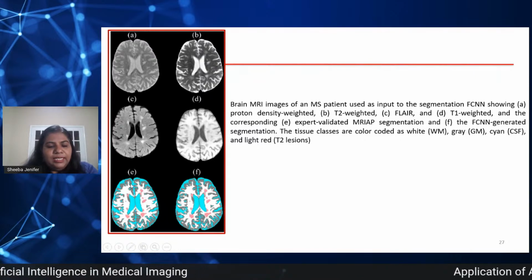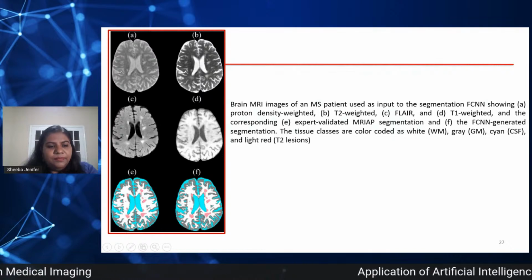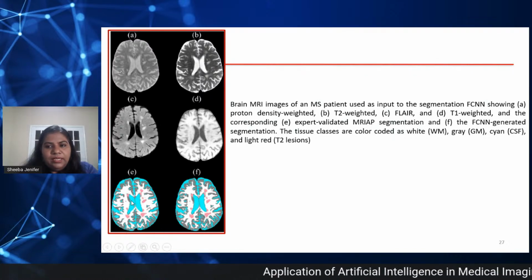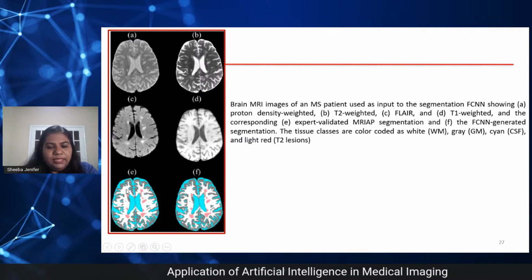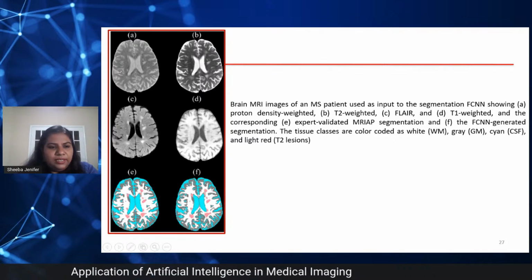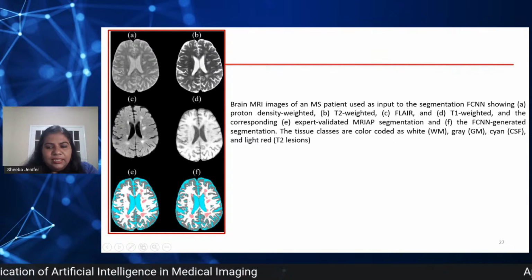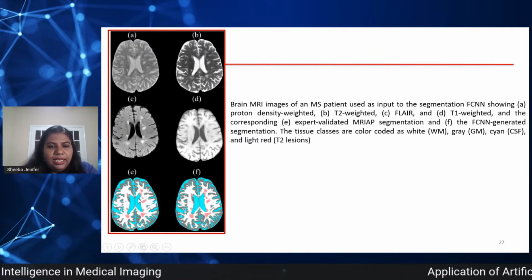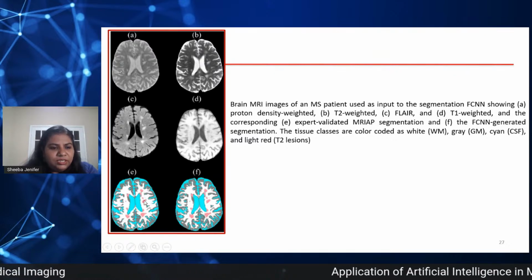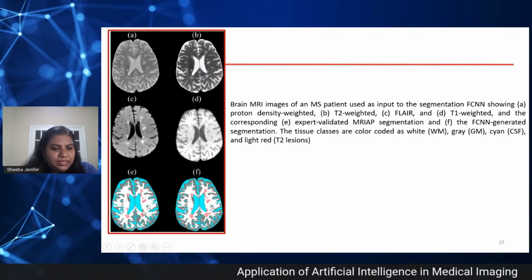So the radiologist created this pattern: these are the white matter regions and the gray matter regions of the brain. Cyan is the cerebrospinal fluid, and the light red regions are the lesions. This is what the radiologist marked.